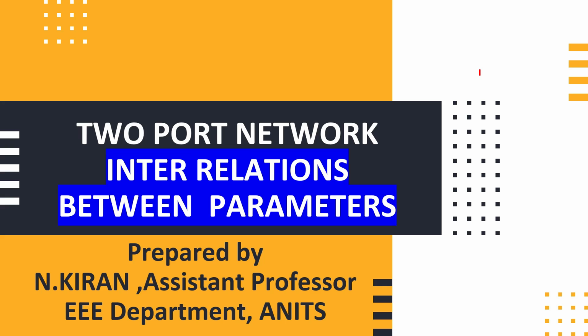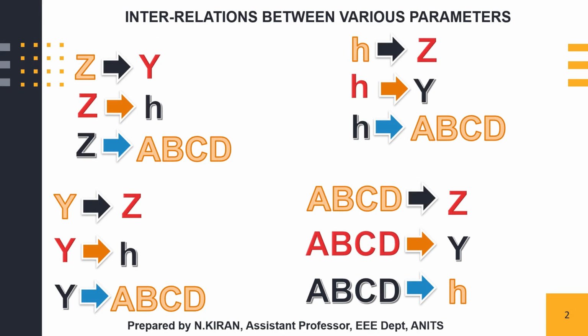parameters. So in today's lecture, I am going to derive the interrelations between various parameters, that is between Z, Y, H and ABCD parameters. These are the various interrelations we are going to see in today's lecture.